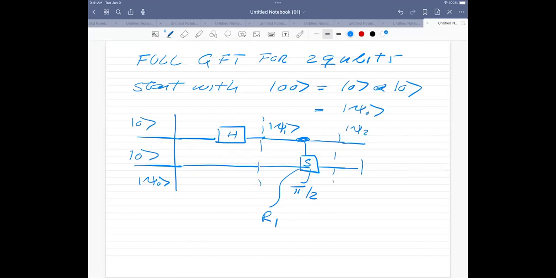And then we have a Hadamard on the second qubit. And that is the final implementation of all the mathematical expressions which we have. And this gives me the final state, psi 3. That is the circuit representation of the Hadamard gate.